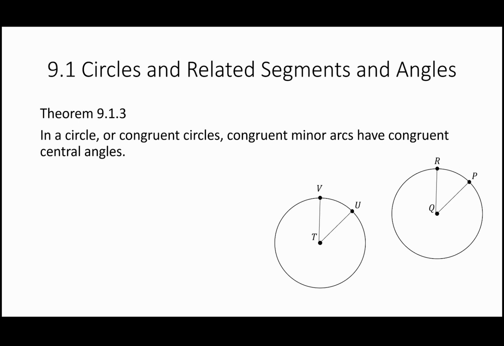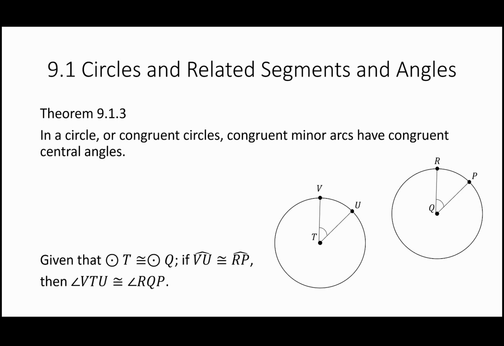Moving on, 9.1.3. In a circle or congruent circles, as you see pictured here, congruent minor arcs have congruent central angles, okay? So considering that these two circles T and Q are congruent, if the arcs are congruent, arcs VU and RP, that is, like the arcs that you see here that you would call minor arcs, right? VU and RP.